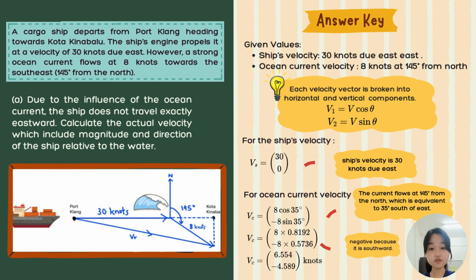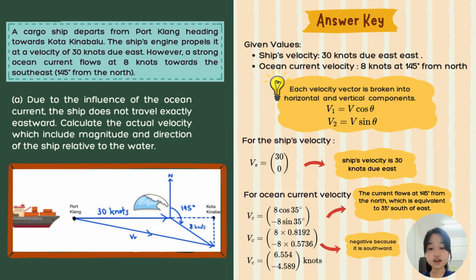For the ocean current velocity, the current flows at 145 degrees from north, which is equivalent to 35 degrees south of east. This means that we should use the formula shown above to find the answer. So, V is 8 cos 35 degrees and negative 8 sin 35 degrees. The vertical component is negative because it is southward.